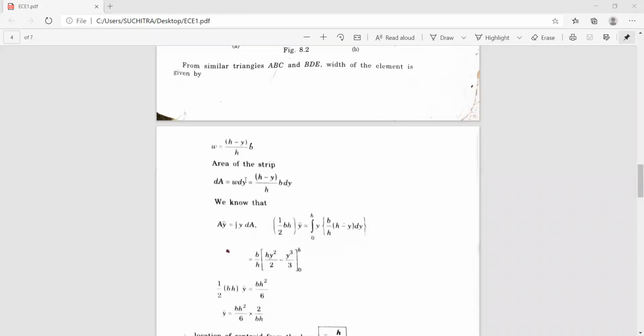dA is nothing but (h minus y) divided by h into b into dy. Now, integral from 0 to h of y into b by h into (h minus y) into dy.